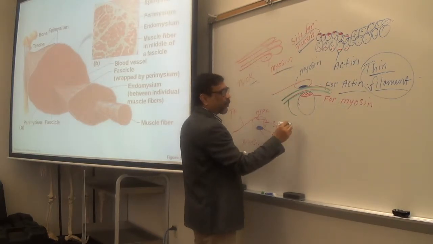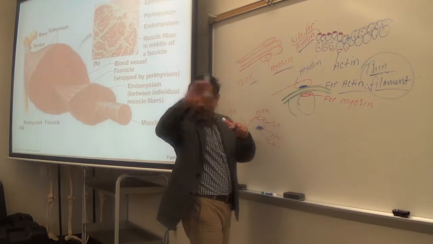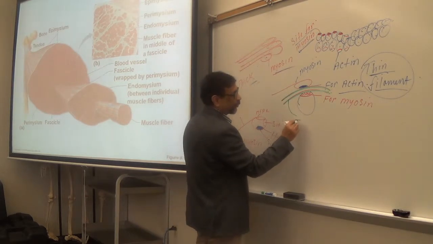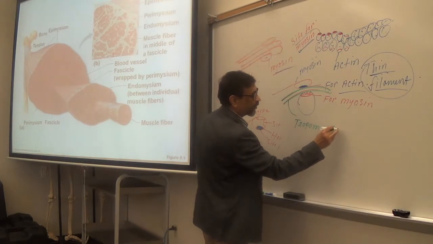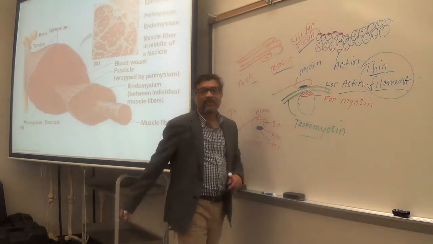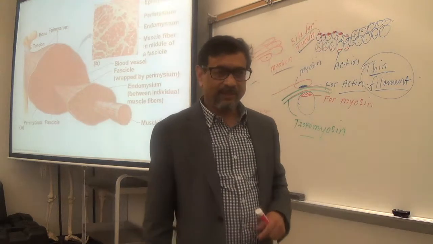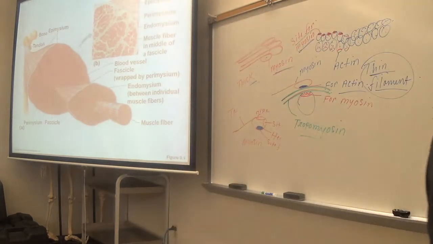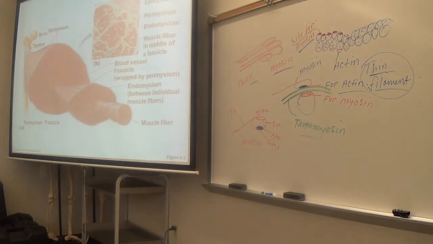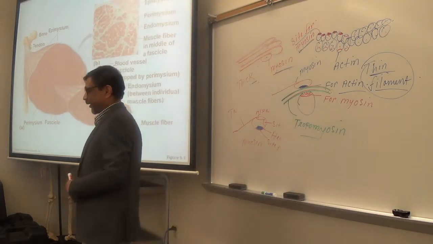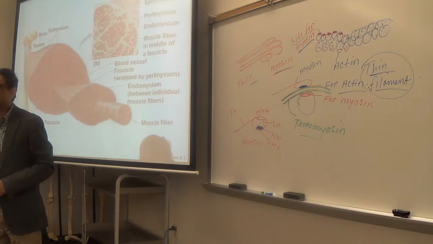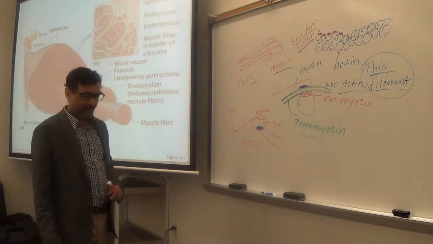And this rope-like protein structure is called tropomyosin. So tropomyosin is a rope-like protein structure that separates the myosin head and actin ball. Keeps them separated.